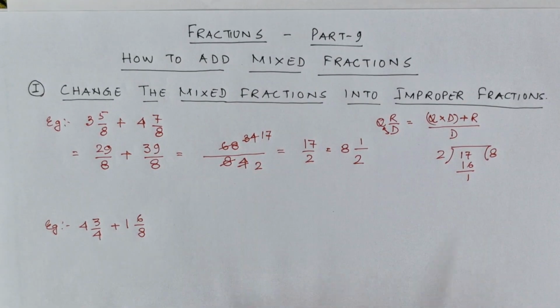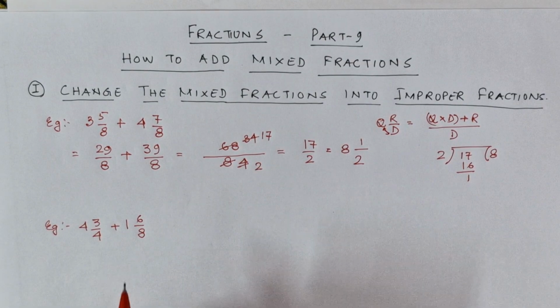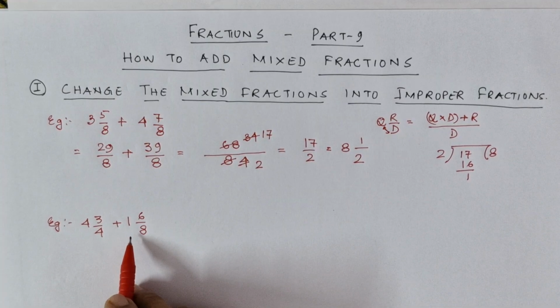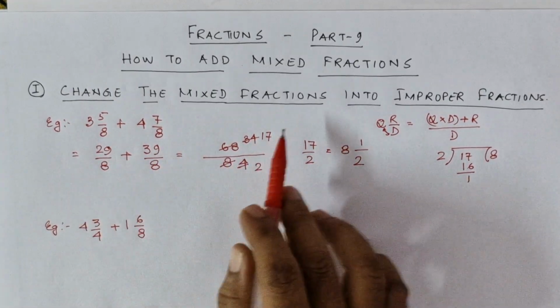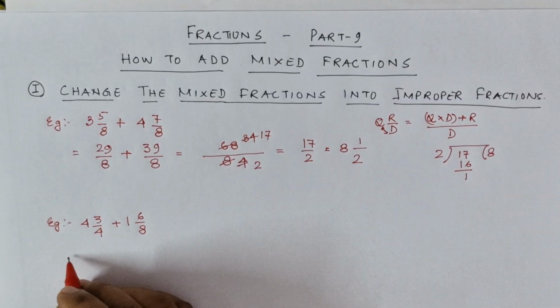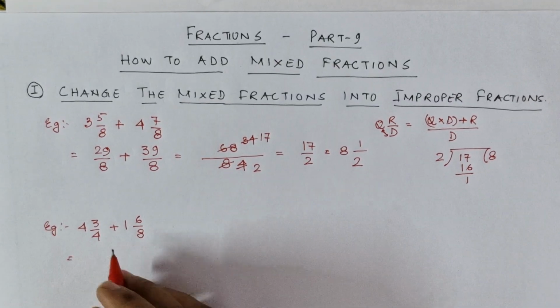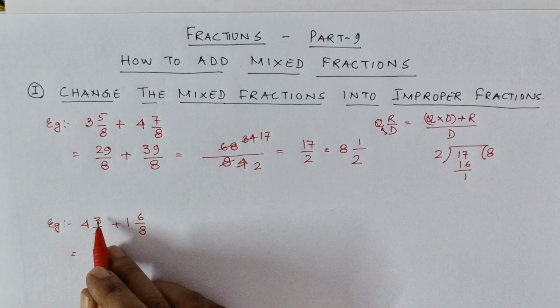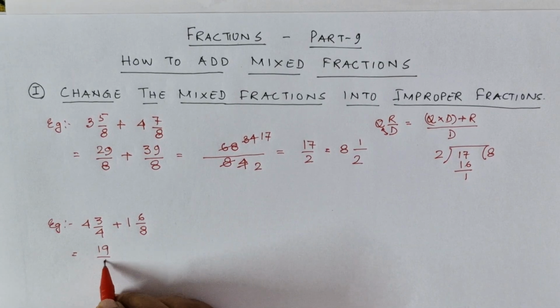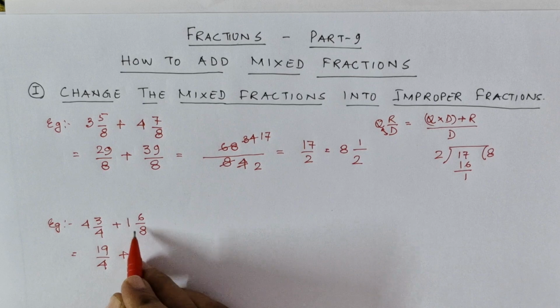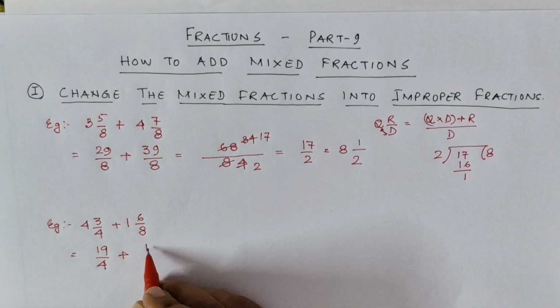Again, let's see another example where the denominators are not the same, that is, unlike denominators. Change these mixed fractions into improper fractions again, as we have seen in the earlier example. 4 4s are 16 plus 3 is 19, so it's 19 by 4. 8 1s are 8 plus 6 is 14 by 8.